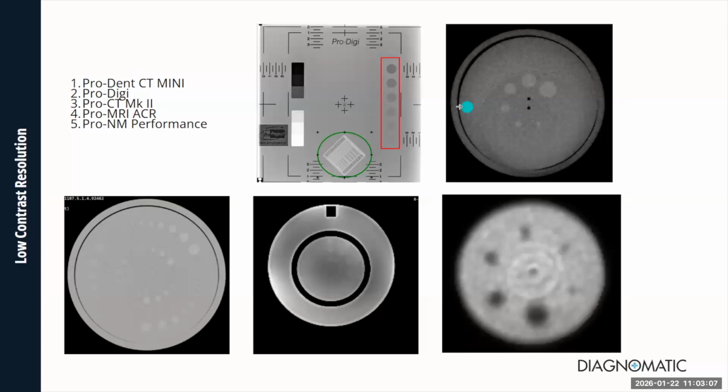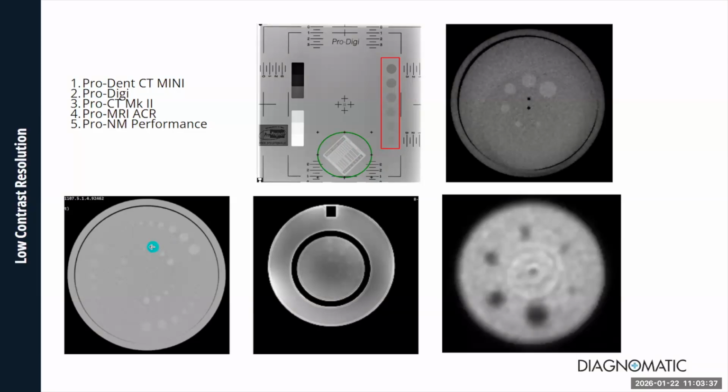Low contrast, so the contrast itself: Broad and CT Mini now on the right side with the different diameters of the contrast compared to the background. In the Prodigy, we have the line of dots that shows us the contrast with different values.